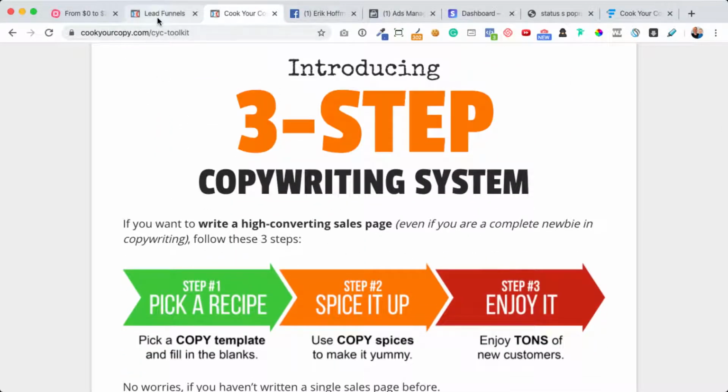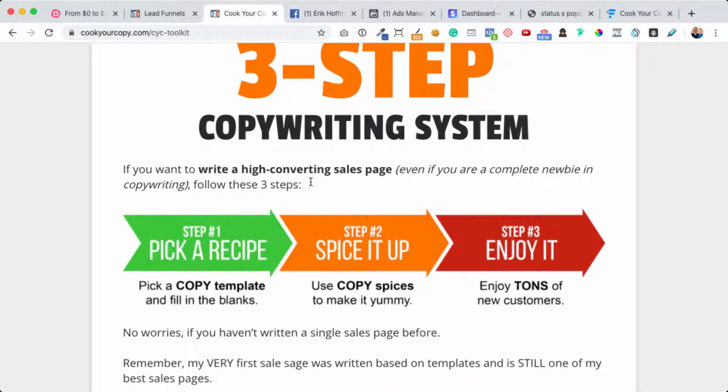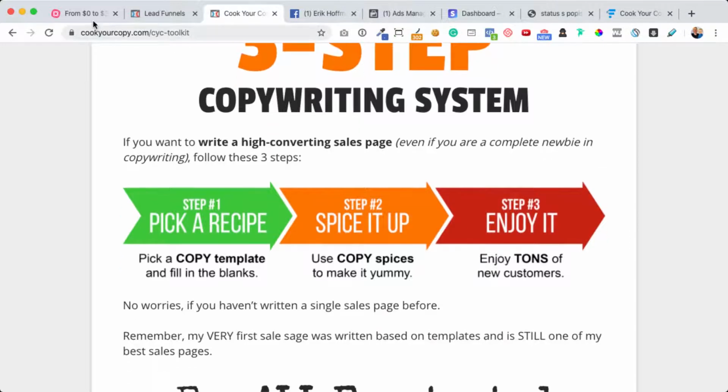This is the rule of two, and I highly recommend you follow this, because when I had my sales page without following this rule, my conversion rate was really low. But when I changed this, not on this particular sales page but on a previous sales page, my conversion rate went up. So the key is to follow this rule of two.